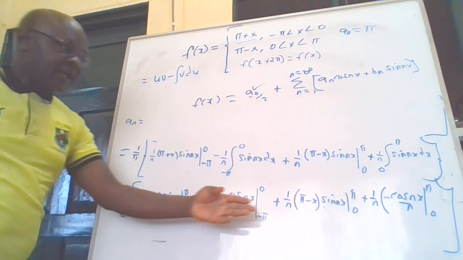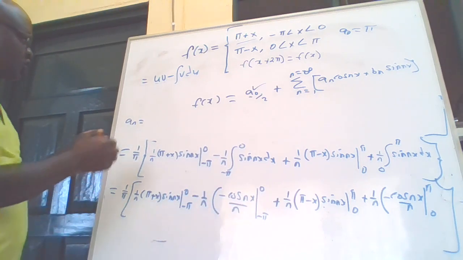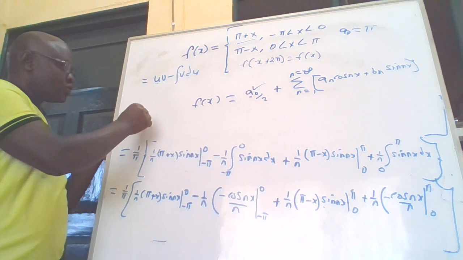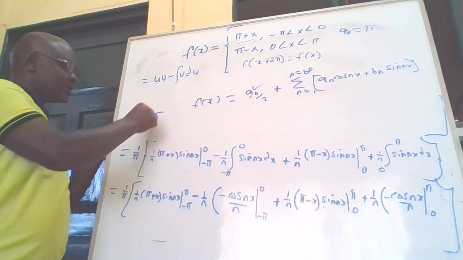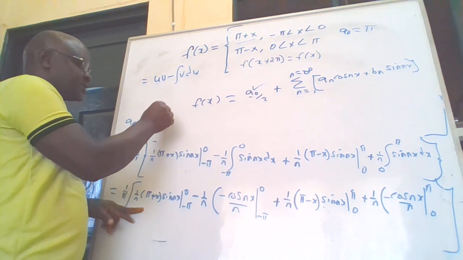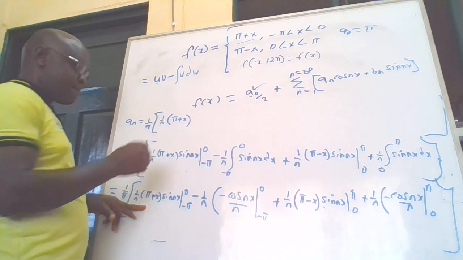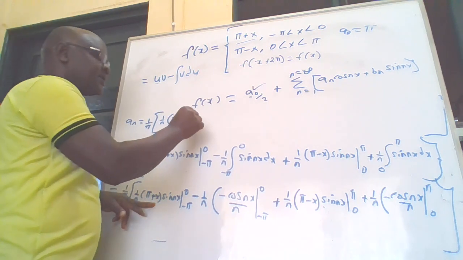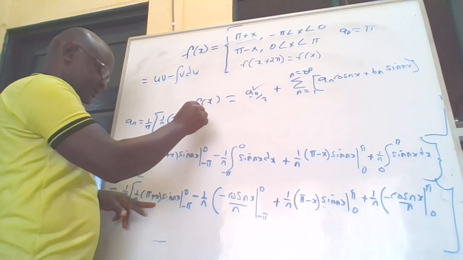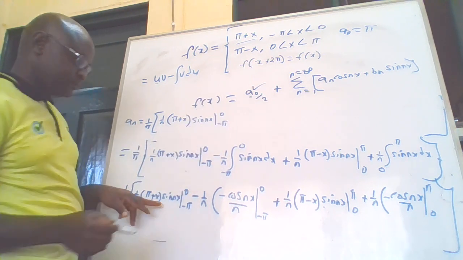Okay, I can do a bit of reorganizing this again. So an equals 1 all over pi into, so here I still have 1 all over n into pi plus x sin nx in the given range.